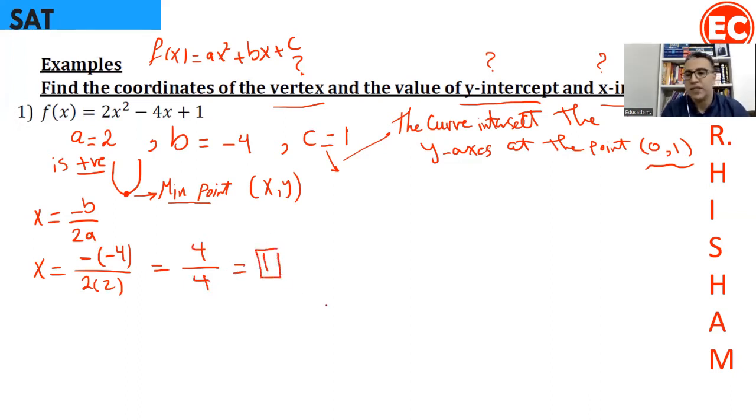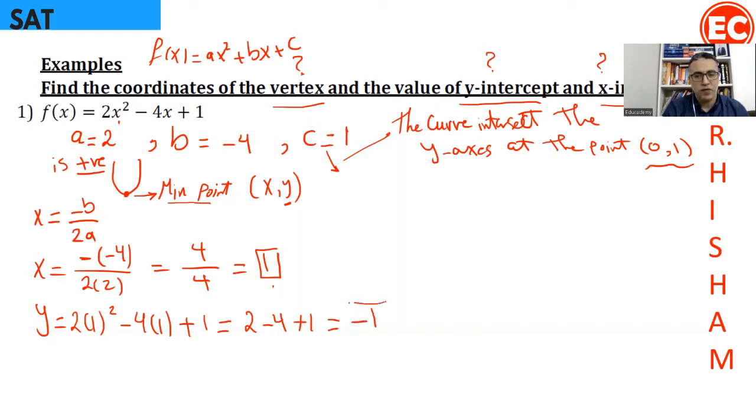So the value of x is equal to 1. Then if I want to find the value of y, I'm going to replace x here with 1. So 2 multiplied by 1 squared minus 4 multiplied by 1 plus 1. So it's 2 minus 4 plus 1, which is equal to negative 1. So the vertex is (1, -1).